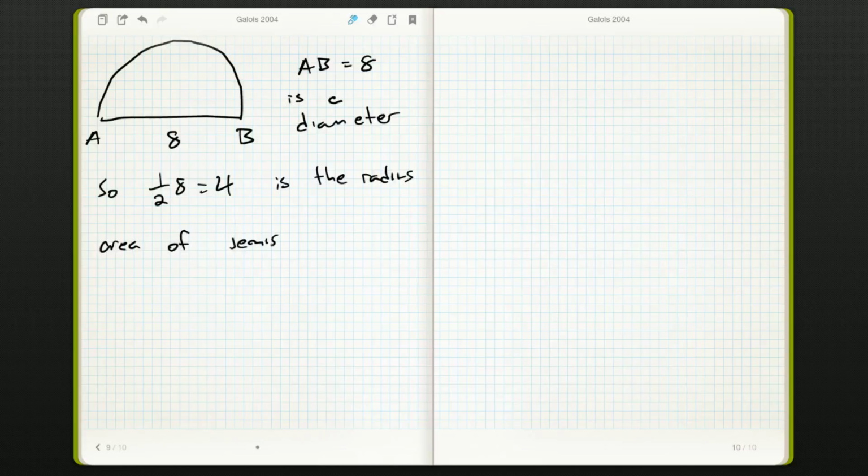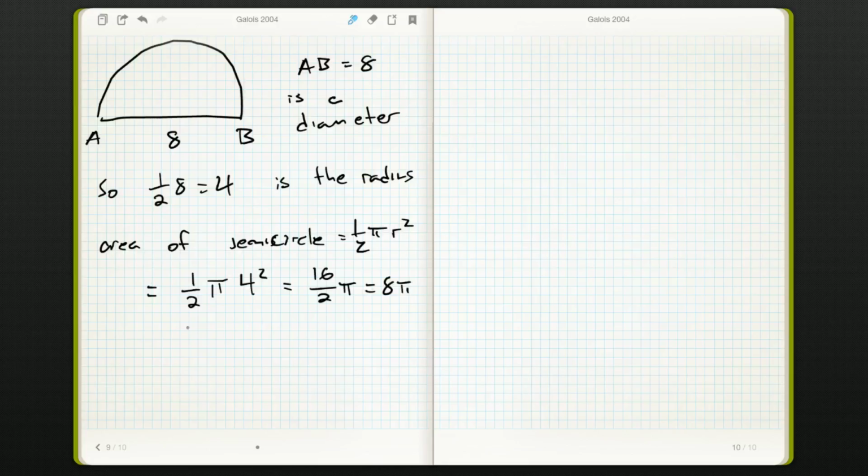Formula for the area of a semicircle is 1/2 the area of a circle, because it's a semicircle. Circles are pi r squared, so we're going to have 1/2 of pi r squared. So this will be 1/2 pi, and our radius is 4 squared. So we'll have 16 over 2 pi, or 8 pi.